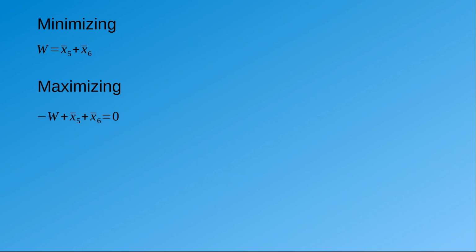Remember, we have to minimize w is equal to x5 bar plus x6 bar. This is just like maximizing minus w is equal to minus x5 bar minus x6 bar, because we have just multiplied the minimizing objective function by minus 1 on both sides. So it becomes a maximization problem.